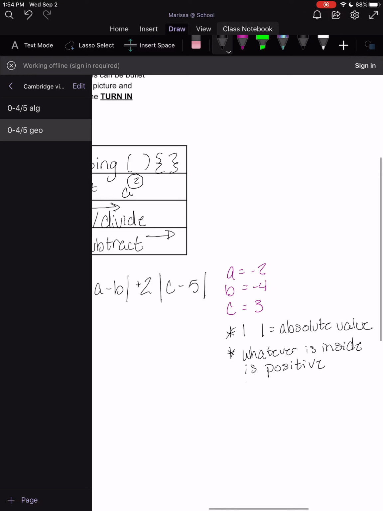For example, if I have negative 7, the absolute value of negative 7, that just means 7, or the absolute value of 7 is equal to 7. So no matter if I have a negative number, if I take it out of the absolute value signs, it means it's a positive number. If I already have a positive number, it's still positive. It's always positive. And then finally, they are considered a grouping symbol.